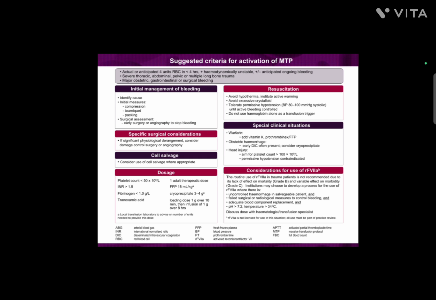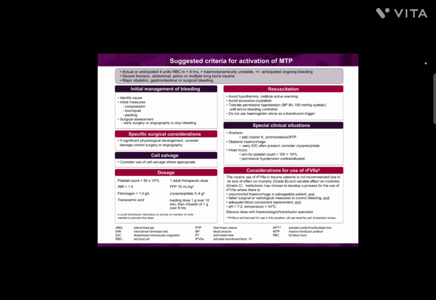By the time the surgeon comes or the multidisciplinary team is involved, immediately secure an IV cannula and send off all the investigations like CBC, blood grouping, and keep one cross match for the blood transfusions, and intimate the blood bank. At the same time, send fibrinogen levels, PT, INR, and all.